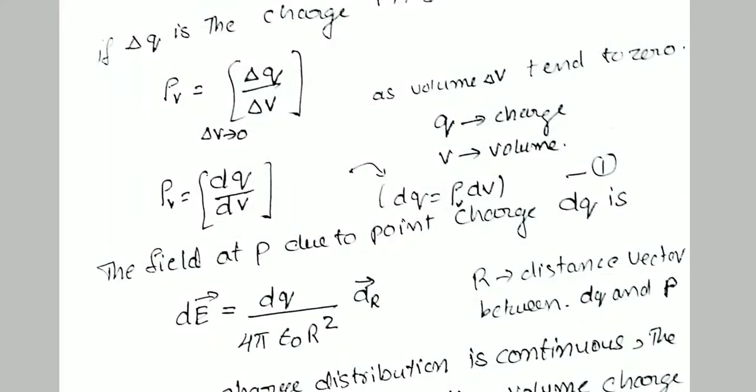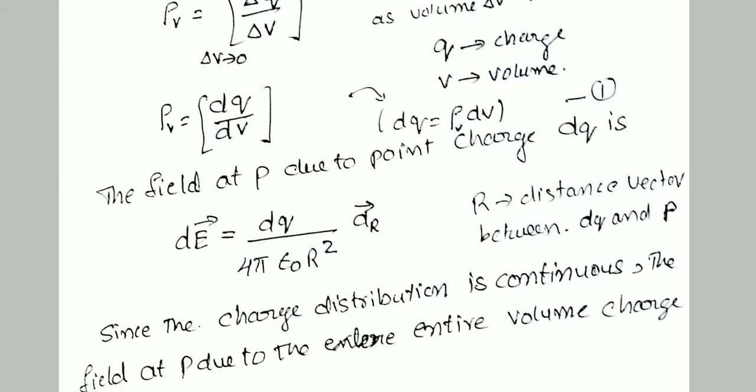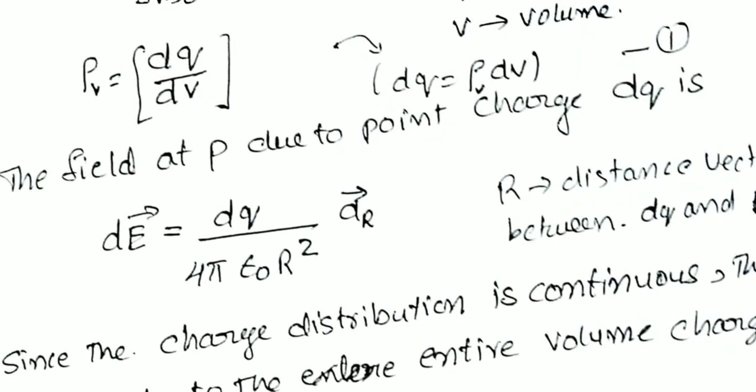Now because of this charge there is an electric field present. We know the formula for electric field: E is equal to Q divided by 4 pi epsilon naught R square into aR. So because of this differential charge dq, the electric field we get is differential, that is dE, a small electric field, given by dE is equal to dq divided by 4 pi epsilon naught R square.